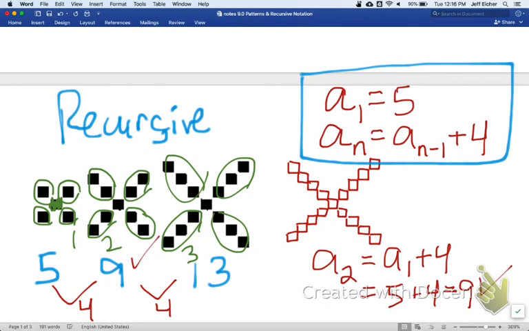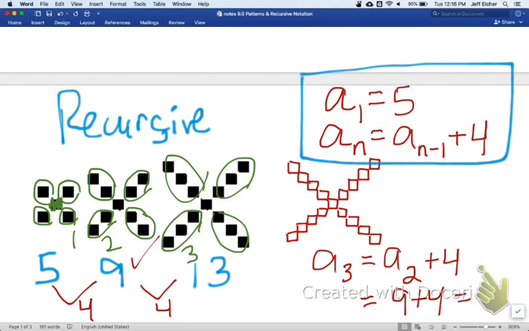Let's do one more. Your third term would be your second term plus 4. Your second term is 9 plus 4, so your third term would be 13. There are 13 boxes.